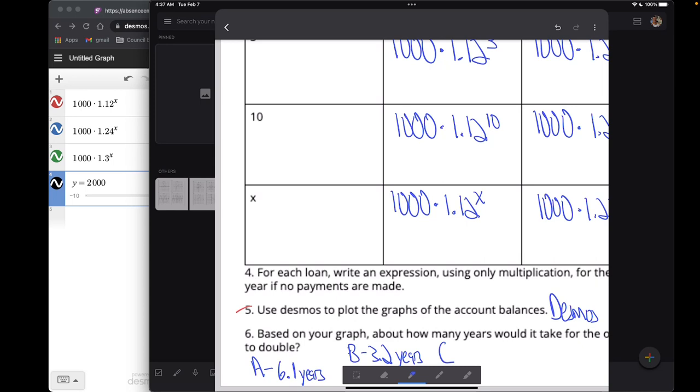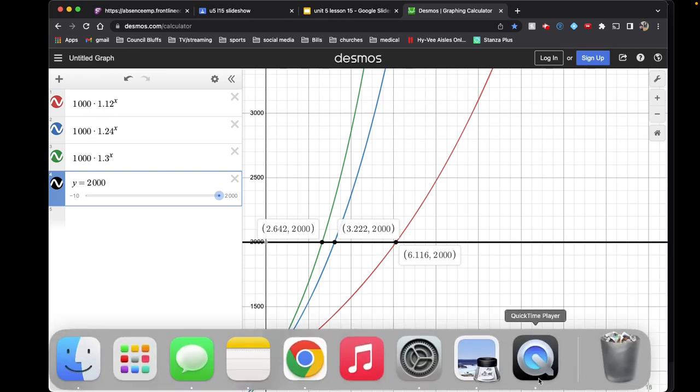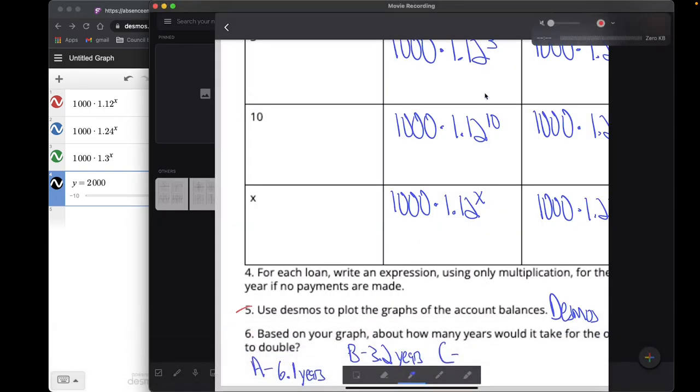And then loan C. That one has the largest interest rate, so it's taking off quickest. It's this third graph here. It takes a little over 2.5 years to double, so we'll call that 2.6 years.